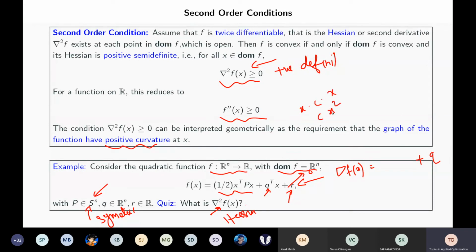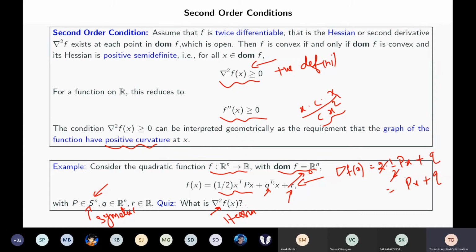It would be like cx square. But since it is in matrix form, I cannot put C outside in this case. It looks like a quadratic term, so it will be something like 2 times, and the half is already there, and then Px. Okay, so this can be calculated. So the first derivative will be Px plus q.